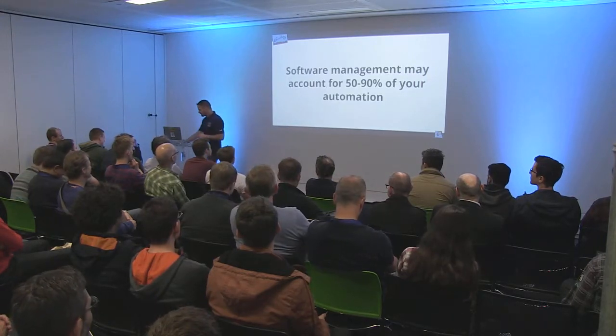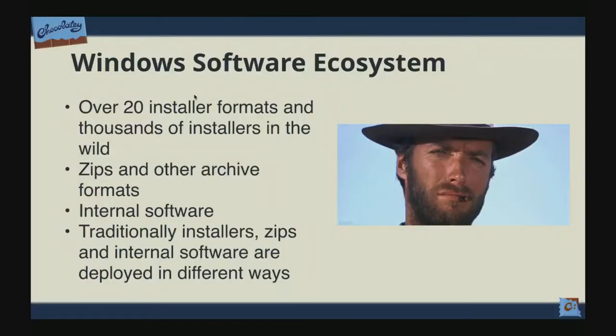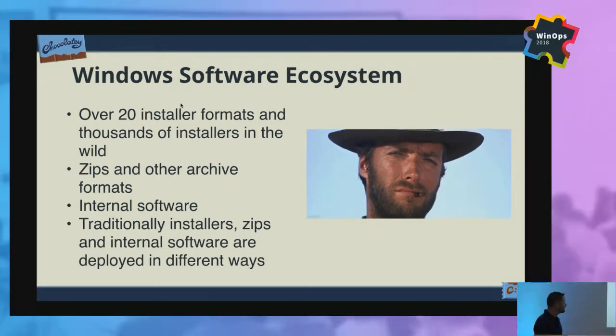Smart man, smart man. And so when it comes to that Windows software ecosystem, there are lots of different installer types out there. And if people don't like any of the 20 published formats, they just create their own. I'm sure you've never had to deal with those. Those are fun. And then there's, of course, zips and other archives, possibly your own internal software. And when we look at how we would deploy like a zip or an Inno setup or an MSI or something, right?